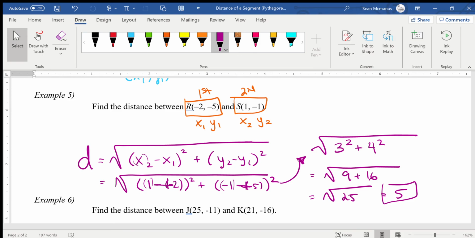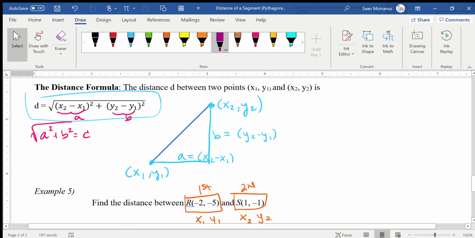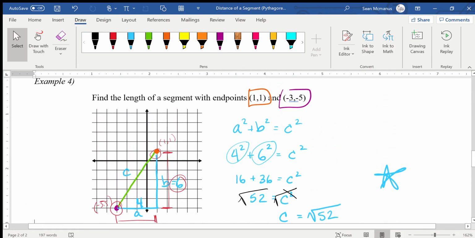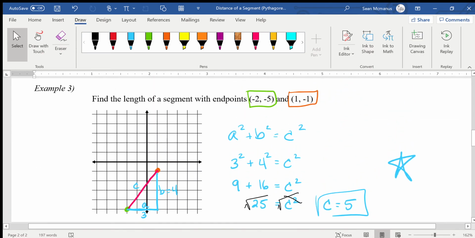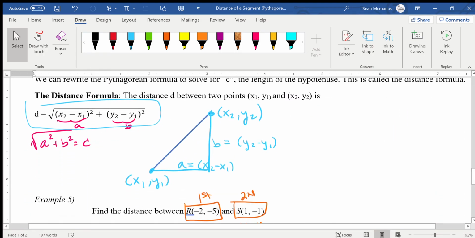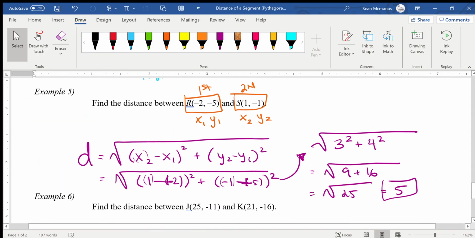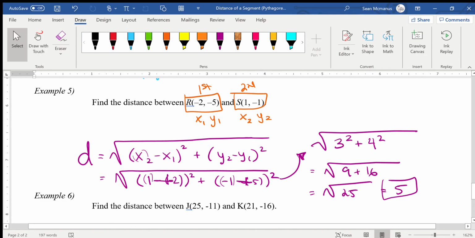So maybe you caught this, I did it on purpose, to do the same problem two different ways. In example 3, we used the Pythagorean theorem and we got 5. I used the same exact coordinates for example 5 and we got the same answer, but we used the formula.